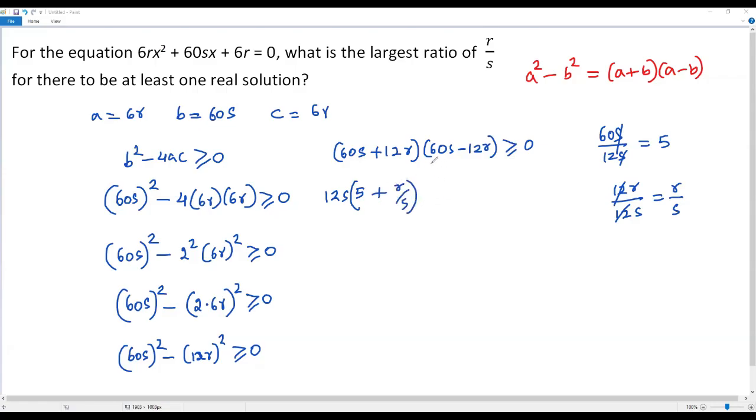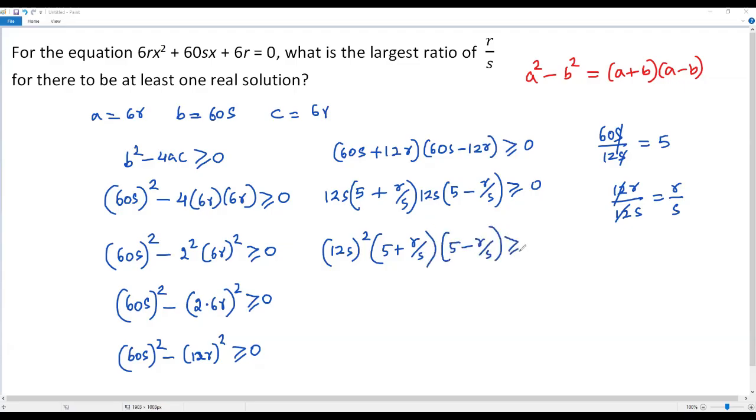The same thing we can do in the other expression: we can factor 12s out. When 12s is factored out, we get 5 - r over s inside the parenthesis, greater than or equal to 0. Now we can multiply 12s and 12s. Then we get (12s)² times (5 + r over s) times (5 - r over s) greater than or equal to 0.